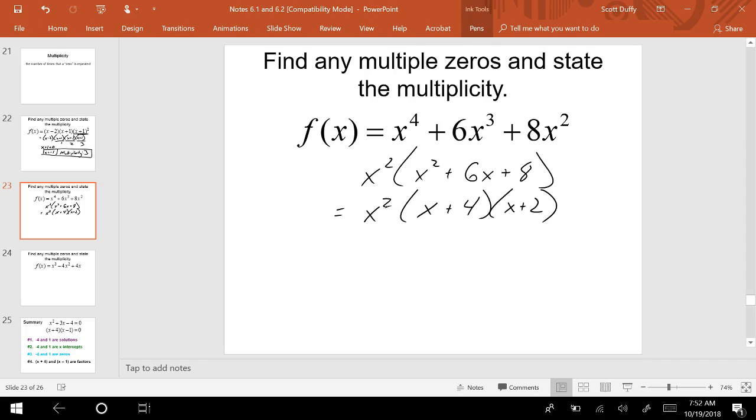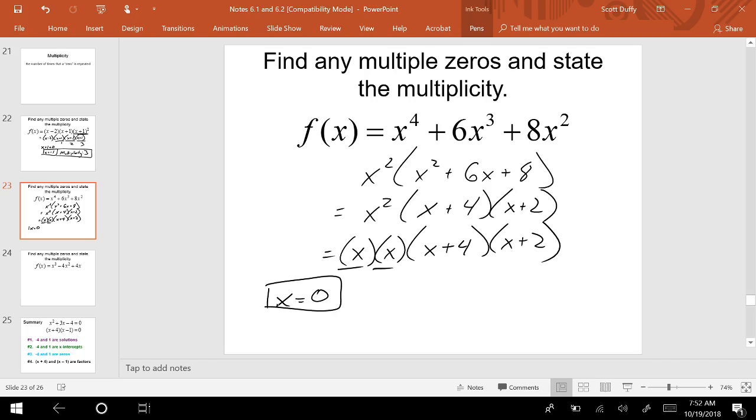Now, x squared is the same thing as x times x. Now we have totally factored it out. The only factor that repeats is x. If you set it equal to 0, well, that's what you get, 0. And it shows up twice, so that has a multiplicity of 2.